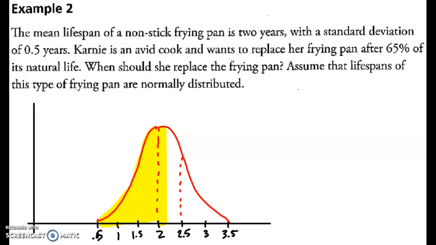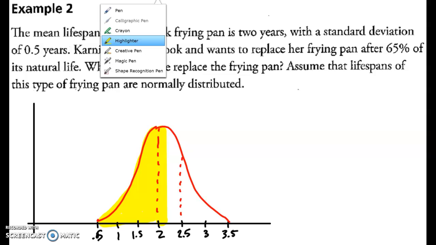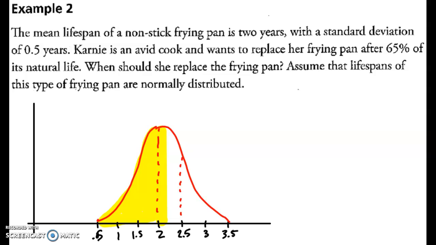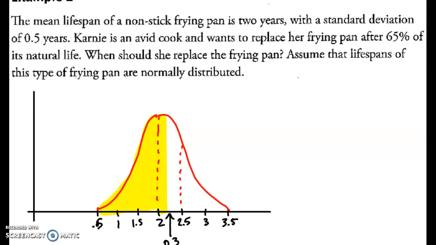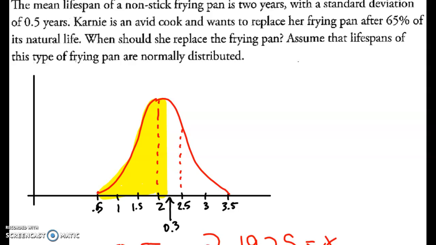But we want to find exactly. When we think about Z-scores, the Z-score at this point, the end of the yellow, would maybe be, if we think of a 1 would be at 2.5, that would maybe be 0.3. Sorry, you can't see that. 0.3, maybe.